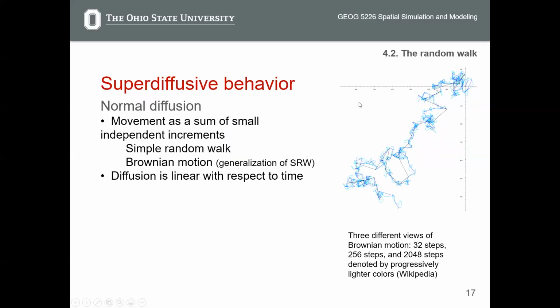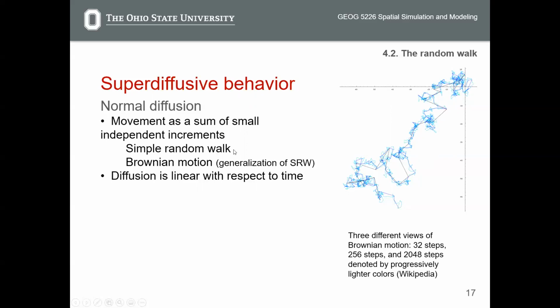And since we're talking about Levy flights, I want to let you know that if a walker is following Levy flights, its behavior is called super diffusive. What does it mean? Super diffusive behavior is based on the definition of normal diffusion: movement as a sum of small independent increments. That's called normal diffusion.